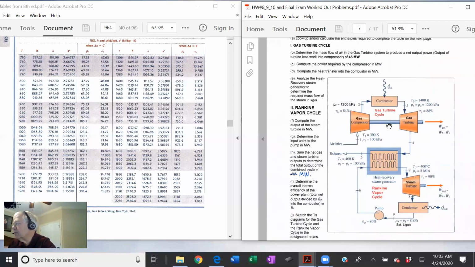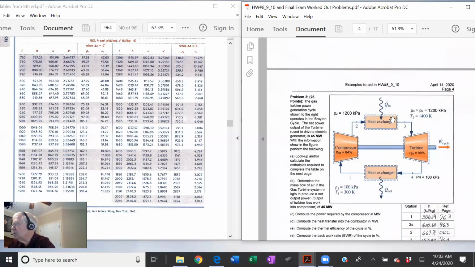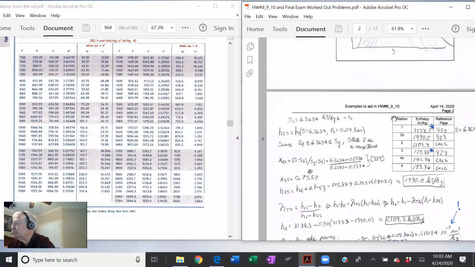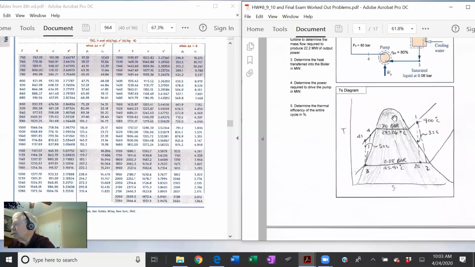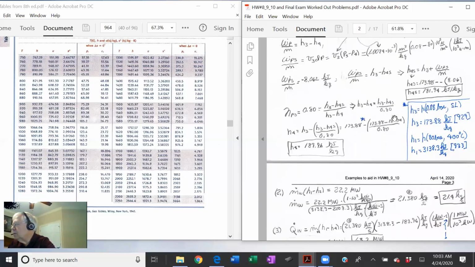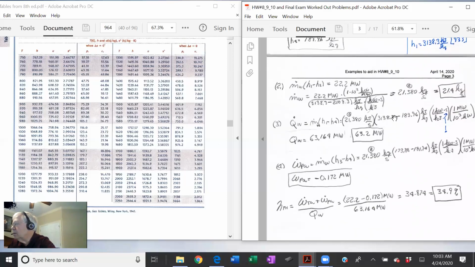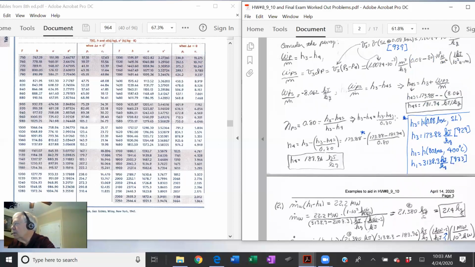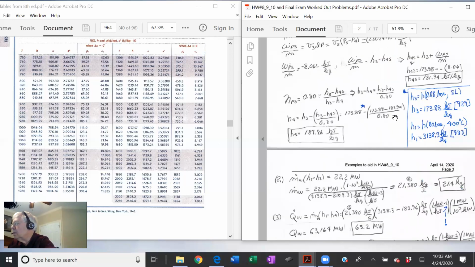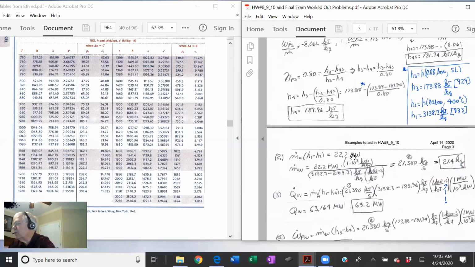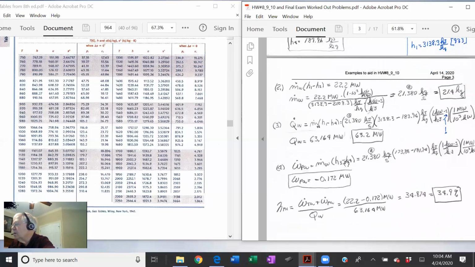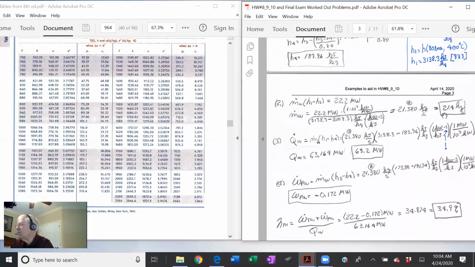Let's see what I got from master. Good. 22.2. No, that's megawatts. Sorry. Where's the math? 21.4 is what I meant to come out the same, but I made an error.